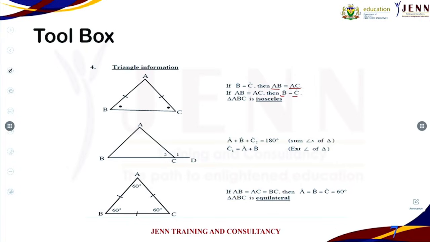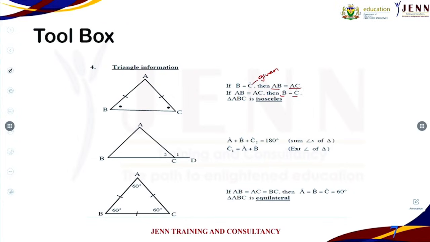But now let us go back to our reasoning. How are you supposed to reason? Remember, if you are about to say side AB is equal to AC, but then you only have angles that are equal, you will definitely state that angle B is equal to angle C, given. Therefore AB is equal to AC.